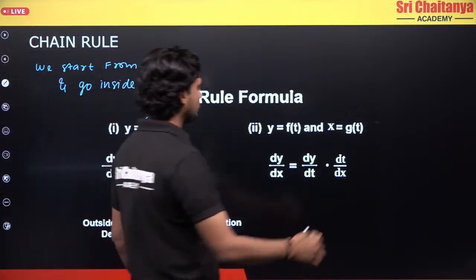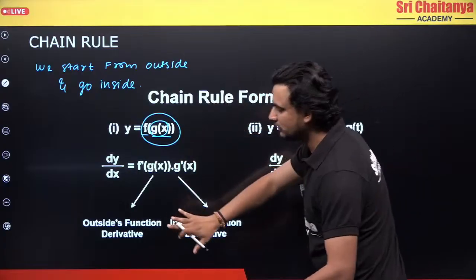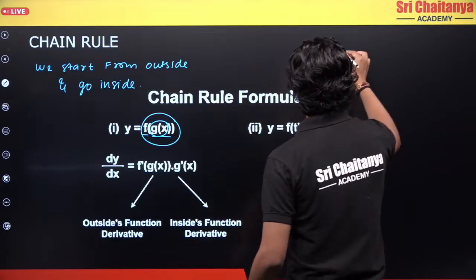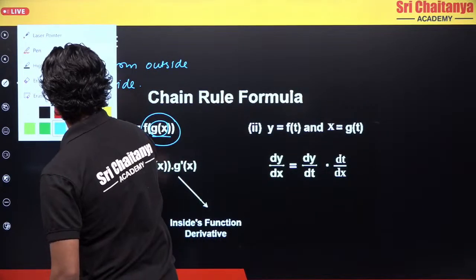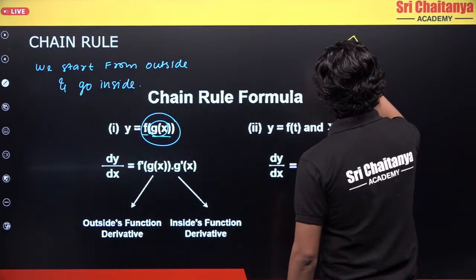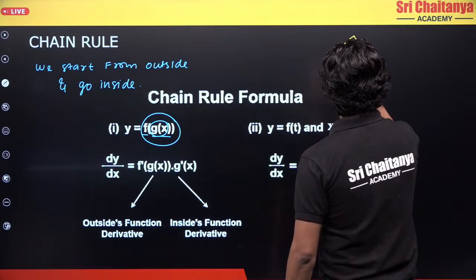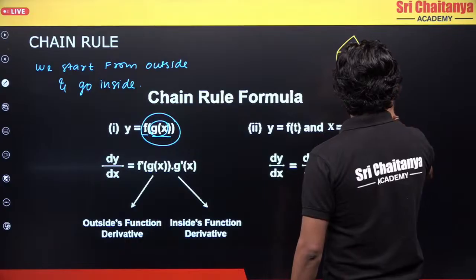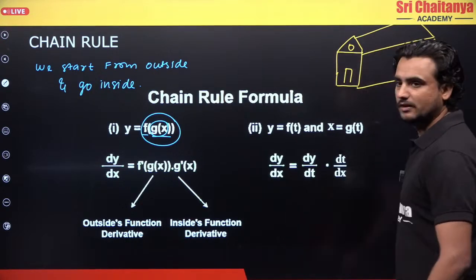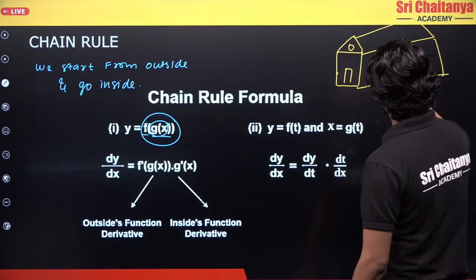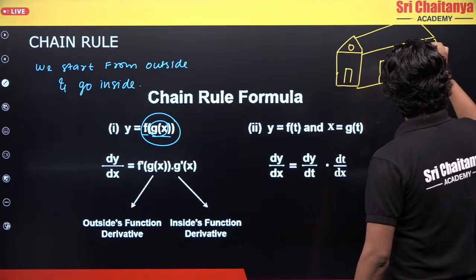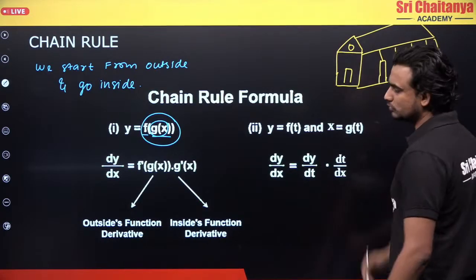Whatever is written on this board, just forget about that. Let's understand this way: if this is a house, a very big house, and there are many doors here, one door, second door, third door, fourth door, and finally I want to come inside this last room.